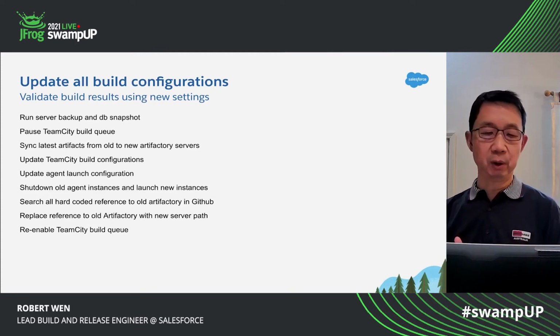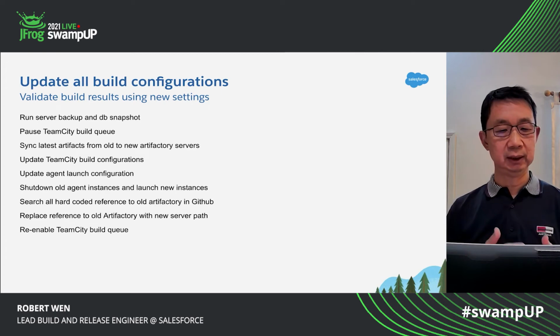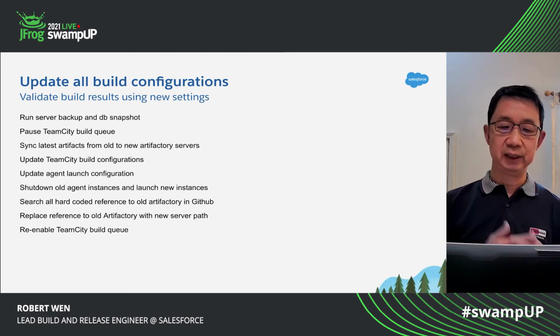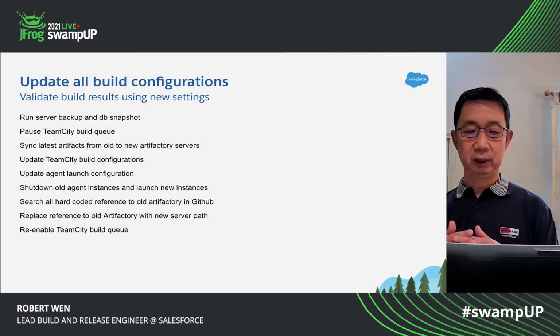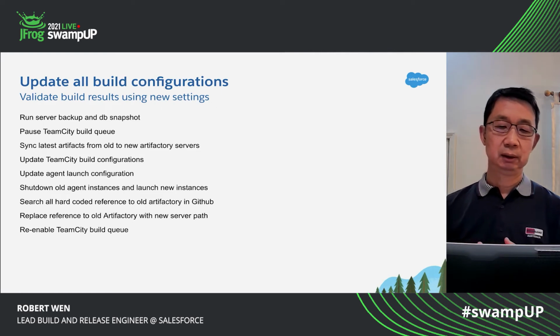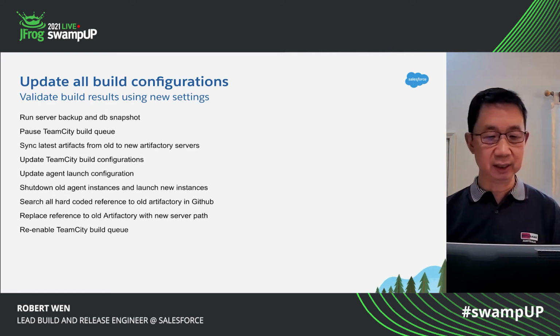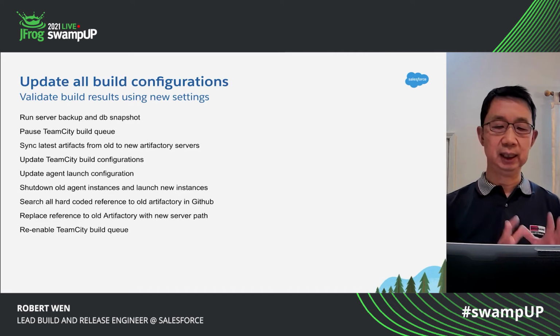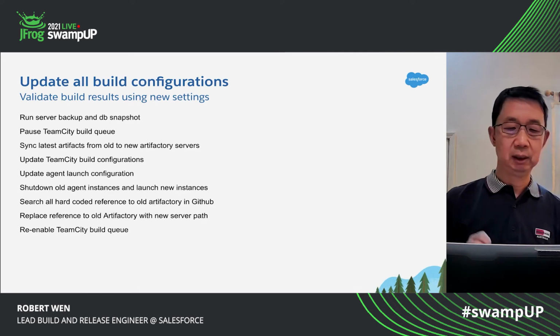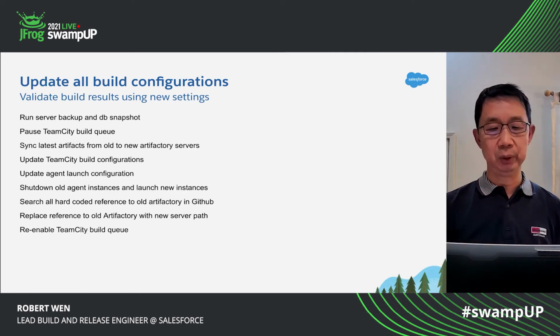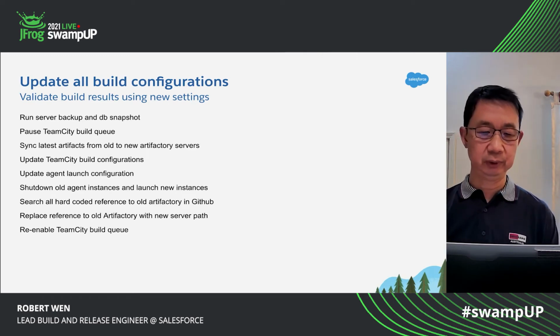Once the build queue is paused, we sync artifacts again from the old to the new Artifactory server. As I mentioned earlier, there was a cron job continuously syncing artifacts from the old Artifactory to the new Artifactory server.